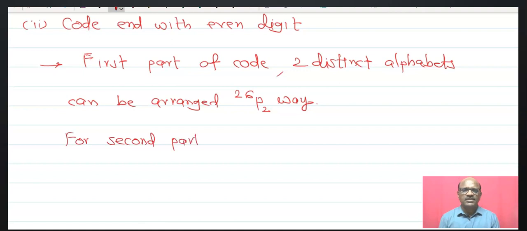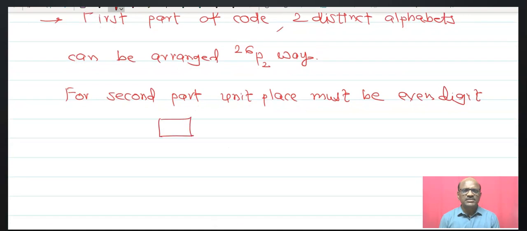Therefore, for the second part, the unit place must be an even digit. That is, the 10s place and the unit place.